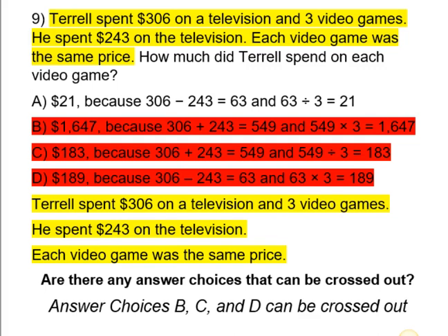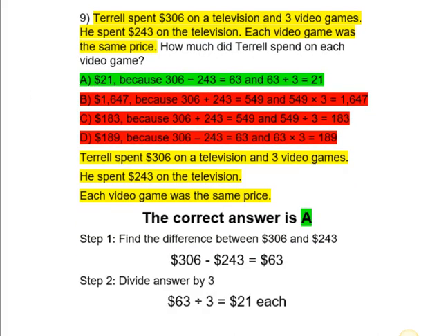So our correct answer is A. We first found the difference between 306 and 243, which is $63, and then we divided 3 into the 63, and the video games are $21 each.